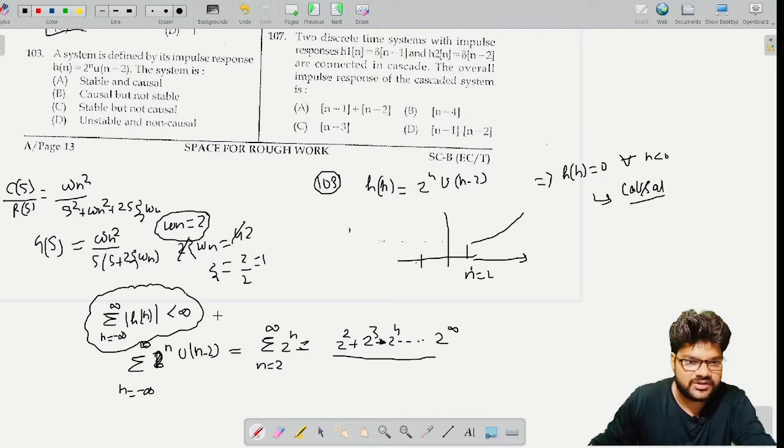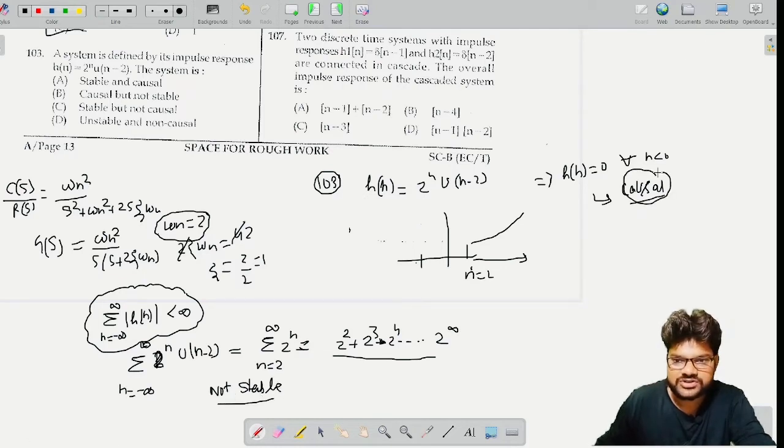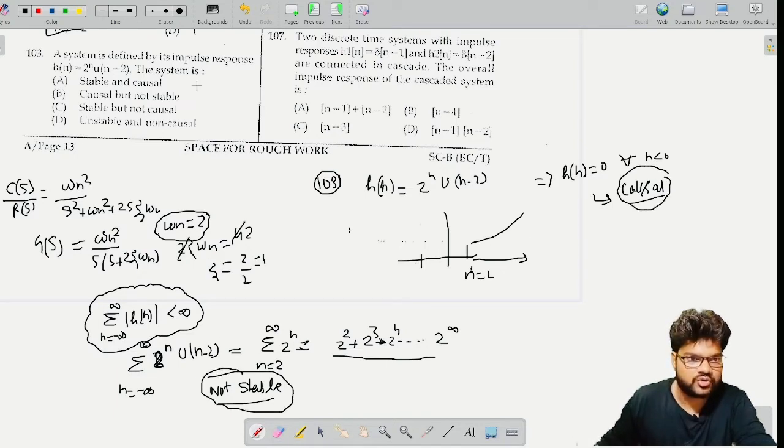This will not be absolutely summable, so the system is not stable. So we can say the system is causal but not stable. The correct option will be B, that is causal but not stable.